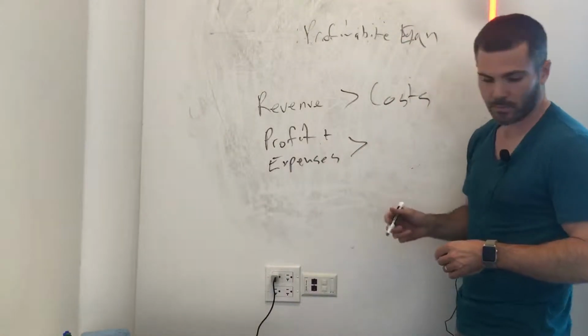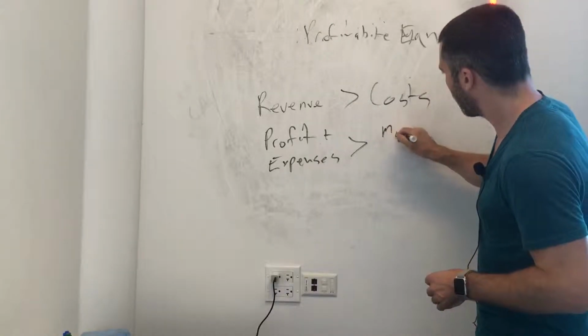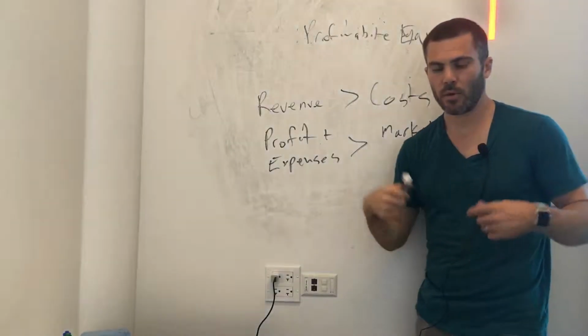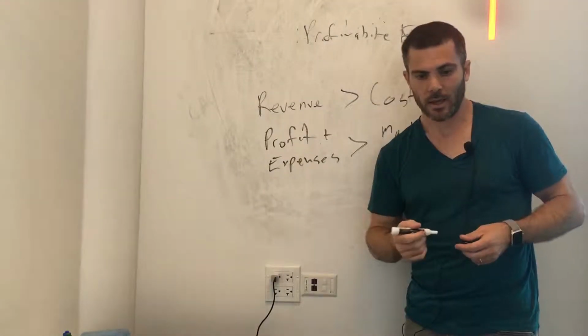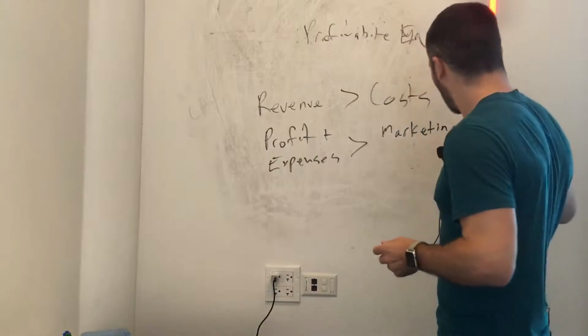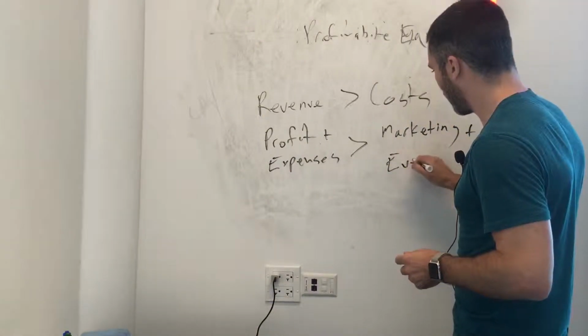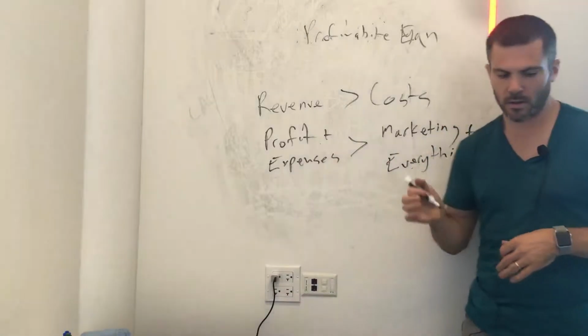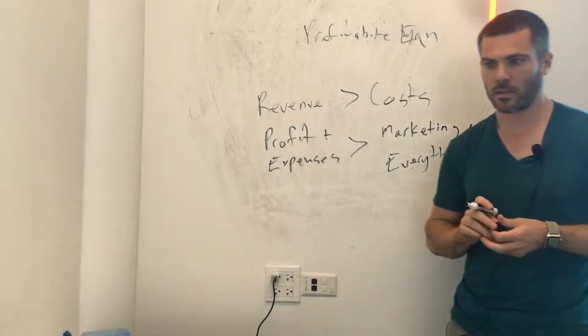Then costs are composed of marketing, so the amount of effort that we need to put in to sell our good or service, plus everything else. So COGS, overhead, all of that gets clustered into everything else.